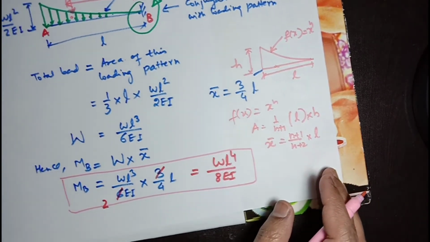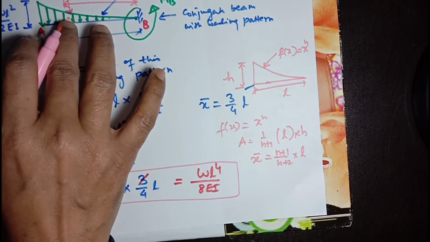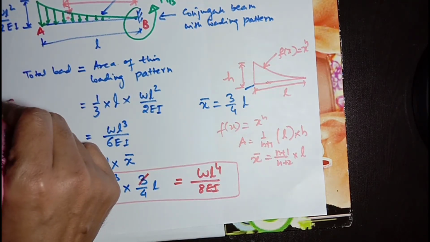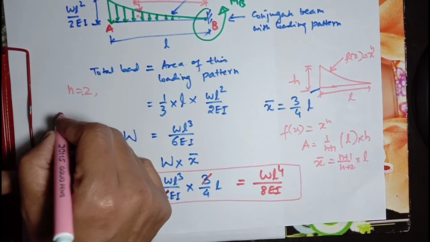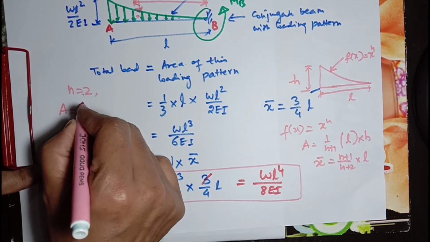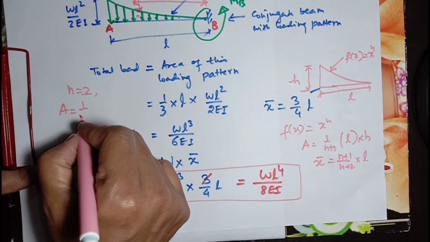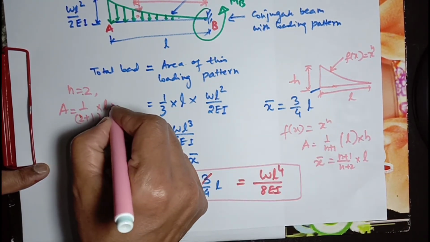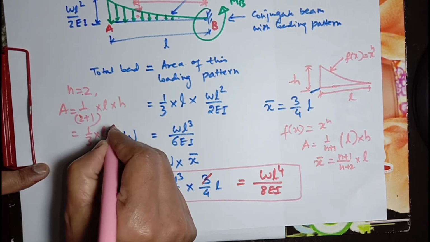Here in this example, since the parabolic curve is a function of x square, n will be equal to 2. So area will be 1 divided by n plus 1, now 2 plus 1, into L into h. So area will be 1/3 of L into h.